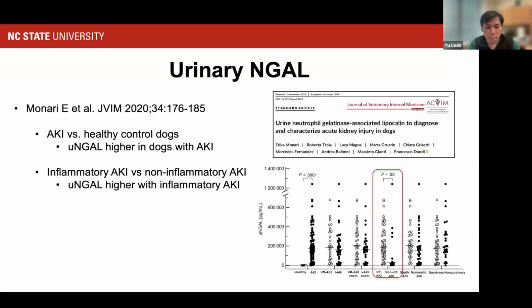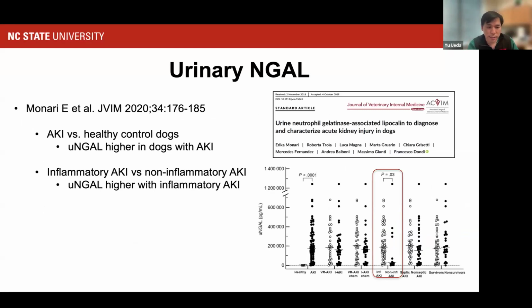And there are many studies, in human patients, in dogs, and there are some in cats. This is one of the studies, published in 2020. They looked at urinary NGAL concentrations in various different types of disease patients, including AKI and healthy control patients.